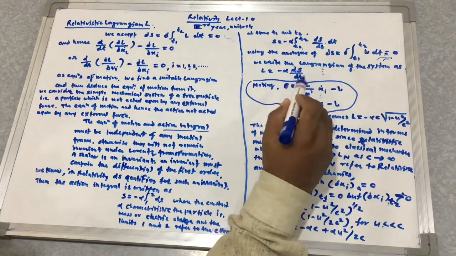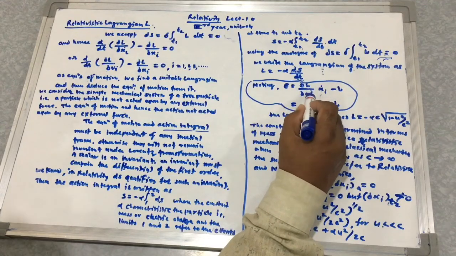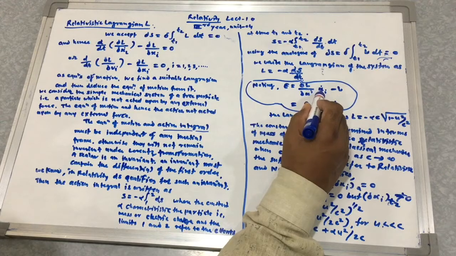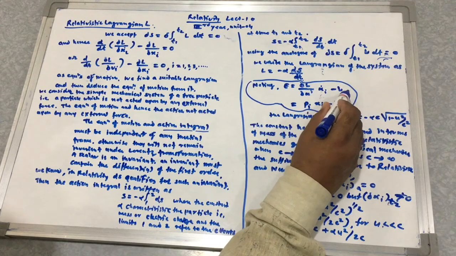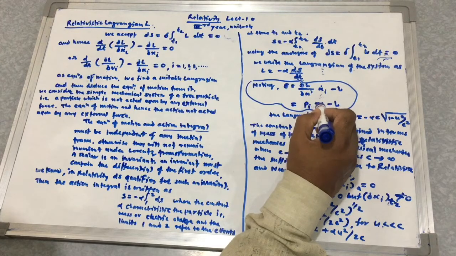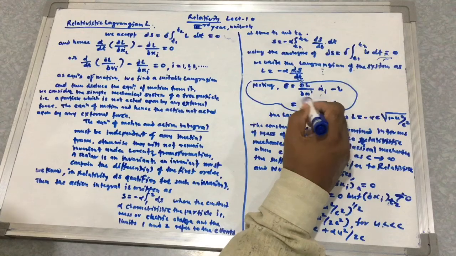Understand? So noting E is equal to del L upon del x dot i into x dot i minus L, that is equal to p i into x dot i minus L. We have to note this.